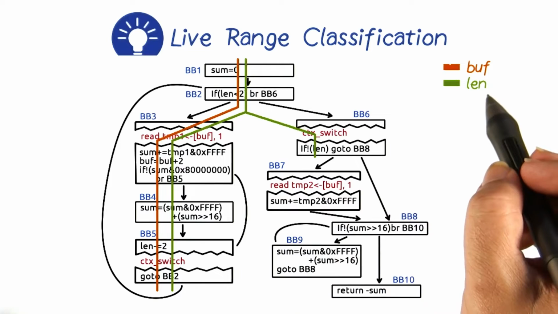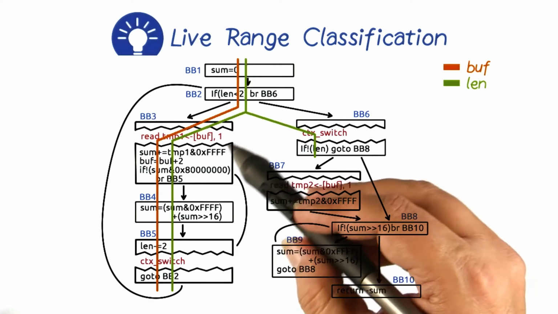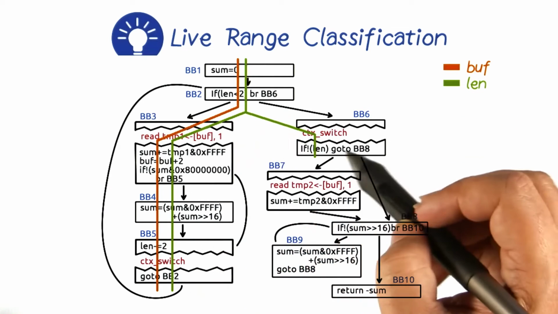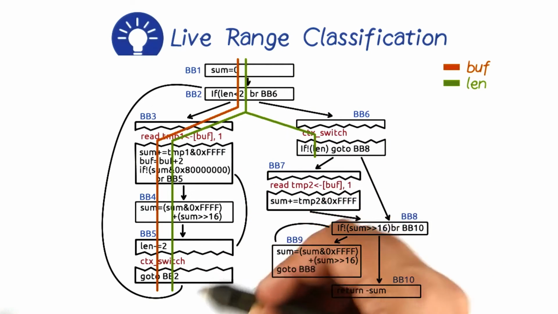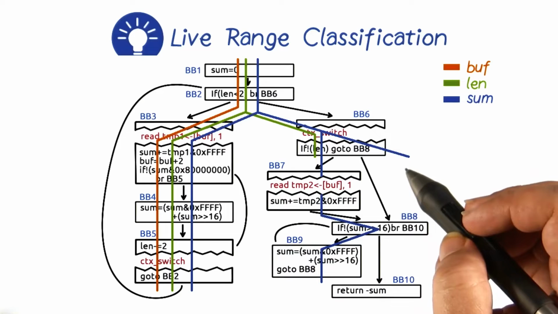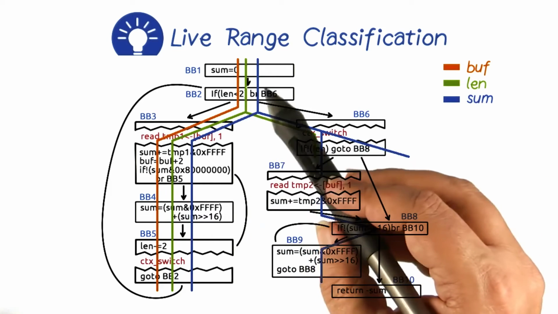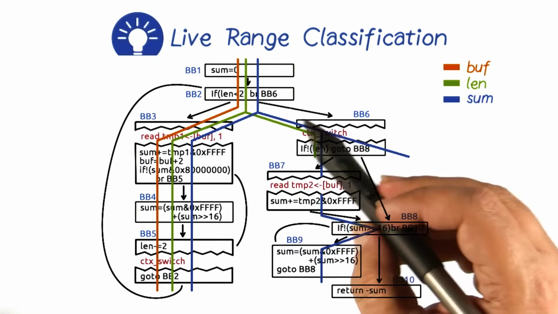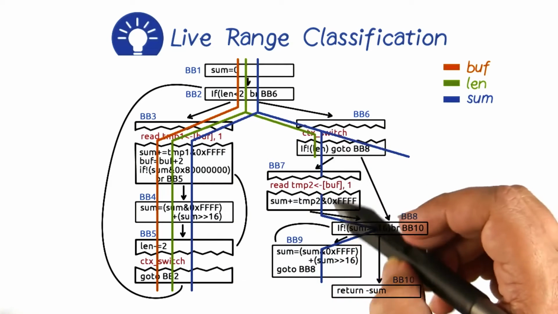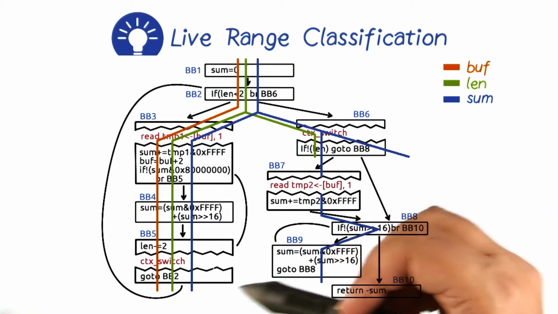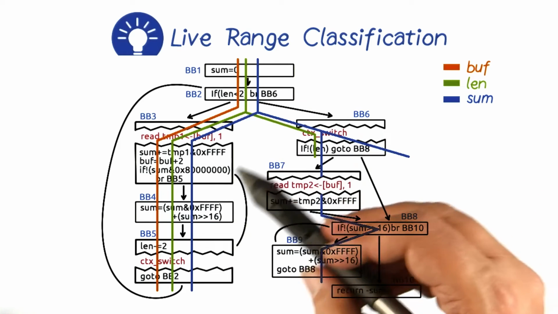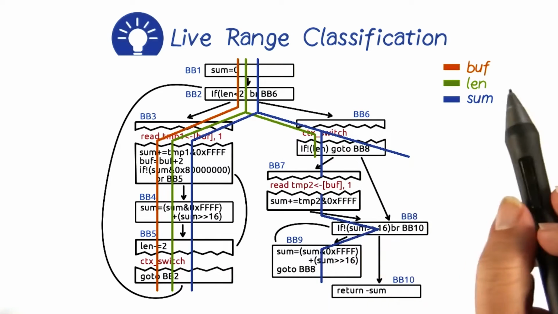Similarly, another live range here that we find is LEN, which is also live across the context switch boundaries and is shown here. The third range that we find here is again live across the context switch boundaries, not only on one side, it is also on the other side. The sum, in fact, has been used everywhere, and so this is a range which is live all over the place.